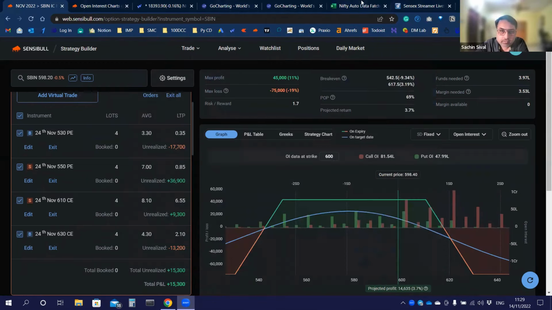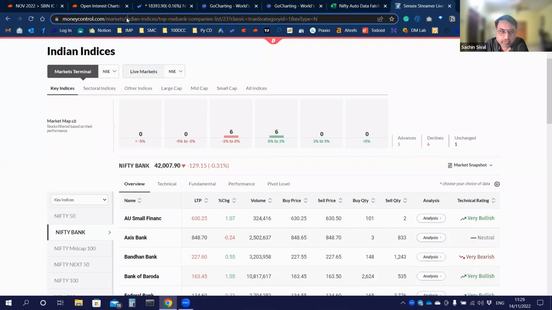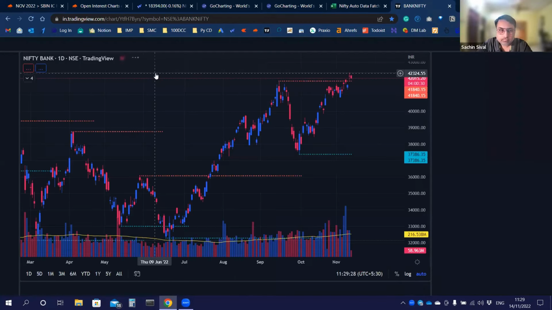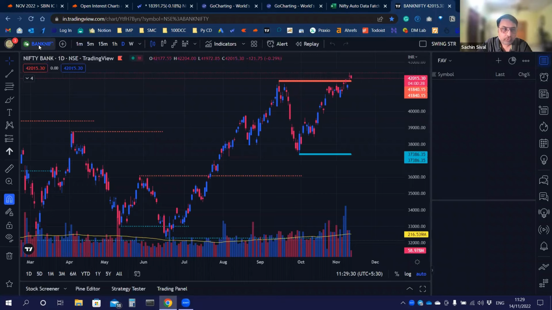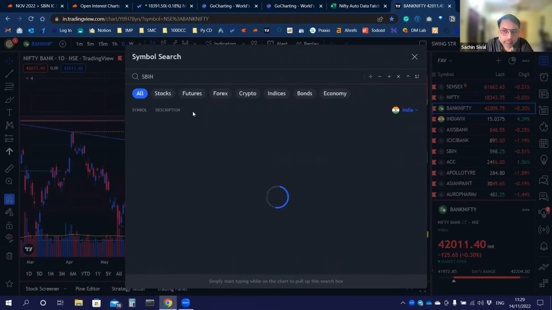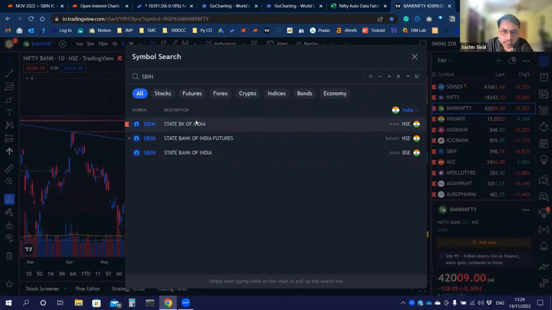So let me share the chart of SBI first. Let's open the TradingView platform. So this is the TradingView platform, and let me share the chart of SBI.